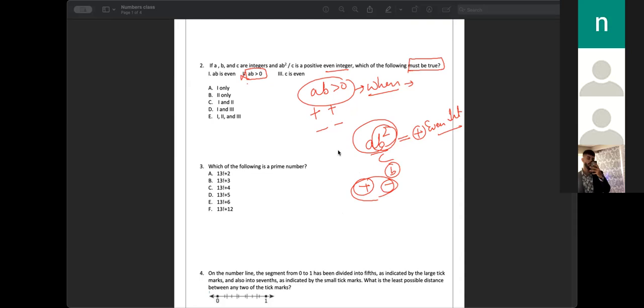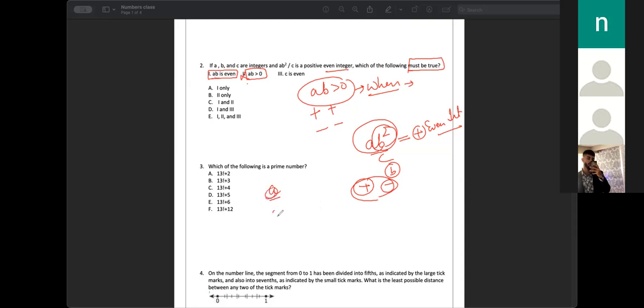Jay, how do you get the second one? No, I actually didn't consider negative. Okay. How about the first one? You didn't get it? Kind of. A into B has to be even. Understood now? Okay.